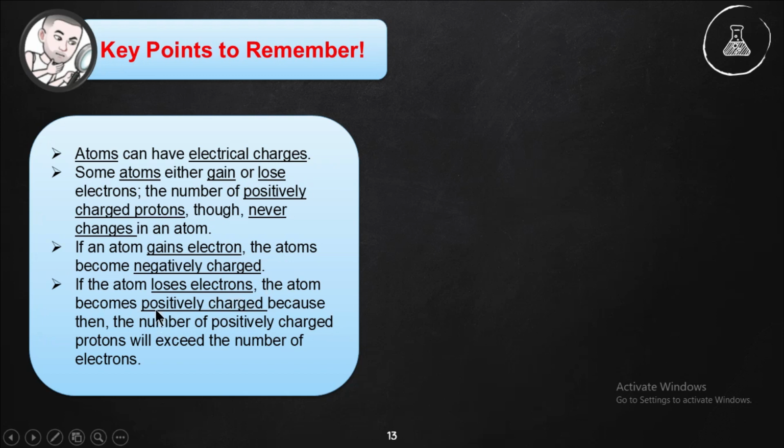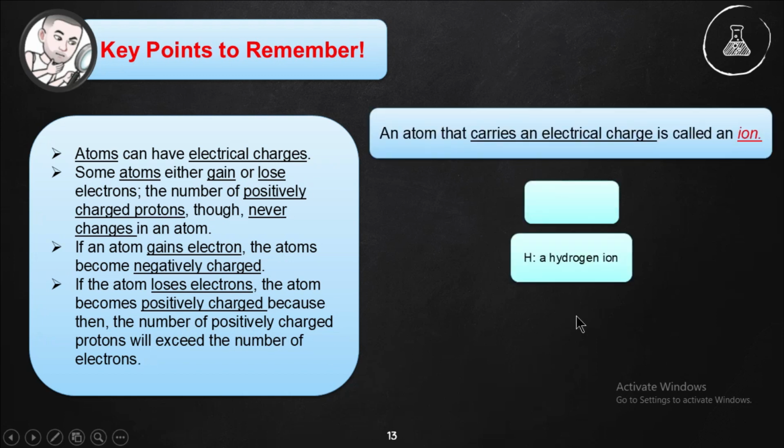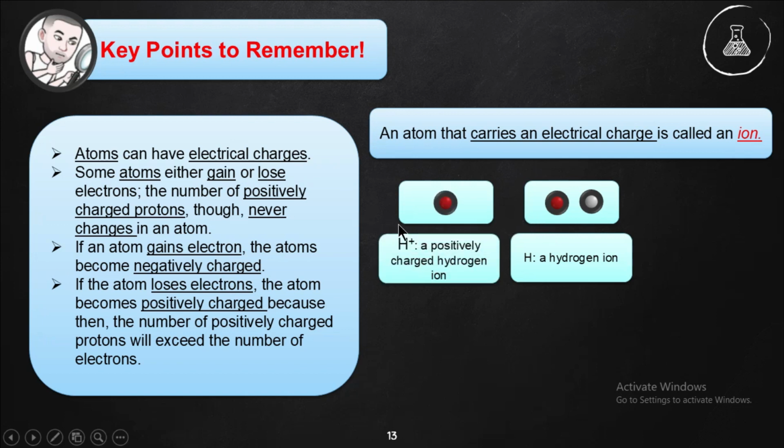Bakit? Dahil yung number ng positively charged protons niya ay lalamang na o mas dadami na doon sa number ng electrons. Halimbawa, itong hydrogen ion, meron tayo ditong dalawang electrons. Okay, itong symbol niya, H, neutral charge siya. So, this is the neutral element. Kapag siya ay nag-lose or nawalan siya ng electron, so dito magiging positively charged hydrogen ion. Okay?